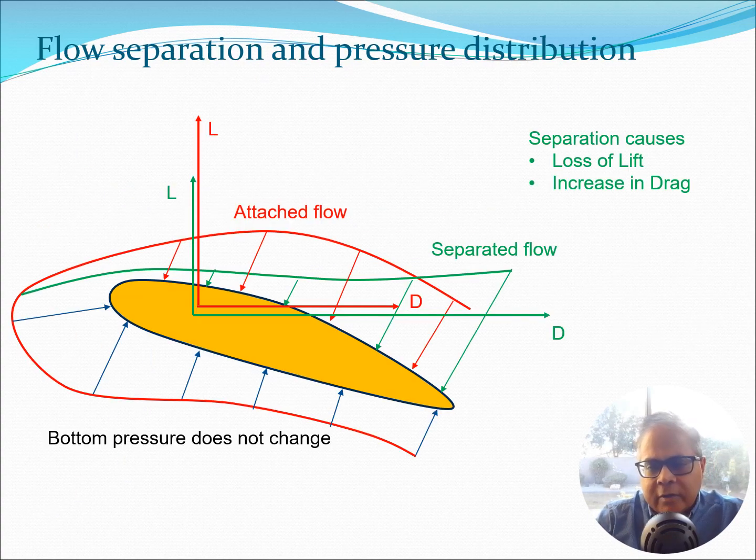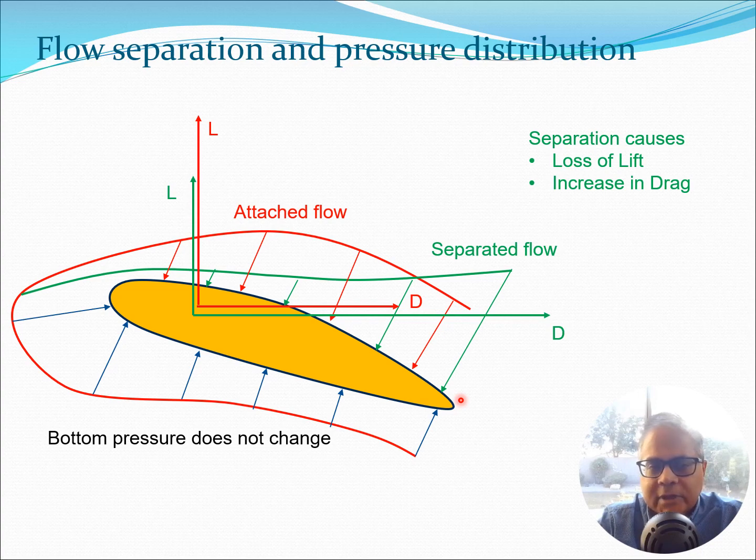So let us look at the pressure distribution on the airfoil in these two types of conditions. The bottom pressure does not change, but what changes is the pressure on the top surface of the airfoil. In red, I have drawn here the pressure corresponding to the attached flow situation and in green I have the situation for the separated flow. You can clearly see that when the flow is separated there is a tendency towards the trailing edge as far as the forces and the pressures are concerned.